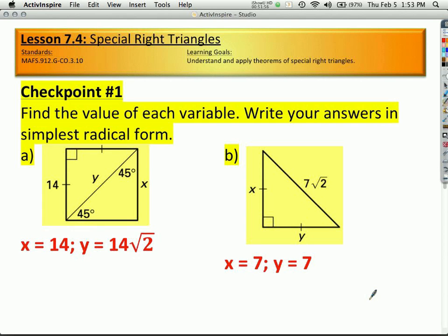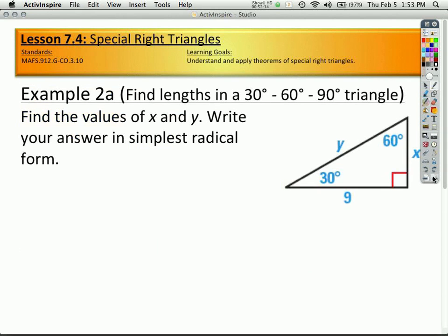Okay. So any comments or questions about checkpoint number 1? Okay, so we've added a new tool to our toolbox. We now know that if we have a special triangle called a 45, 45, 90, we can use the relationship of the side lengths to help us find solutions to problems. Let's add one more tool to our toolbox, the 30, 60, 90 triangle.